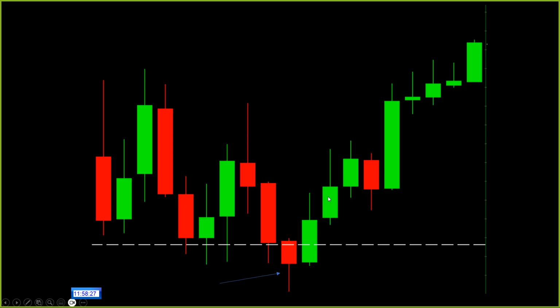Some of you would bail out on this candle, because it goes up and comes back down. It goes up and comes back down. You have to wait for the next candle to confirm what you're seeing. When you see this candle, it's saying, yeah, okay, take notice. I tried to go up, but I got rejected, so I'm selling back off.